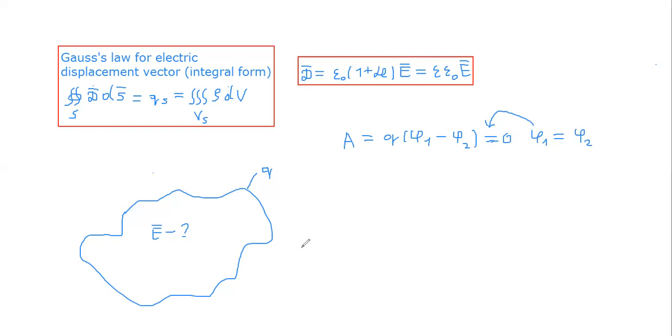And this contradiction means that there is no electrostatic field inside the conductor.